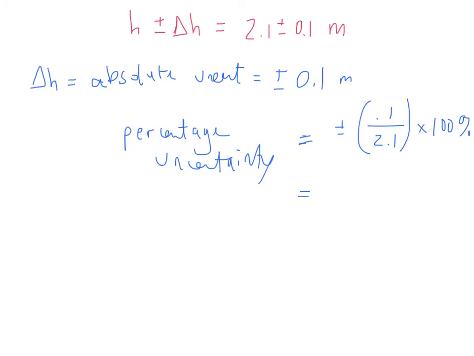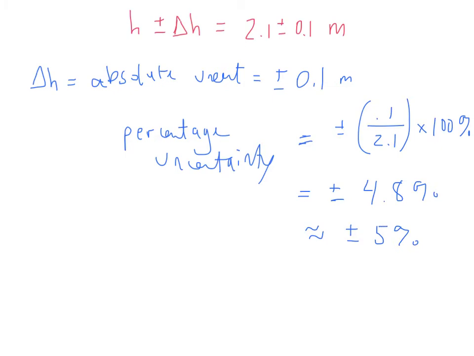So in this case it comes to plus or minus 4.8%, and that's approximately equal to plus or minus 5%. Right? So before I said that absolute uncertainty can only have one sig fig.